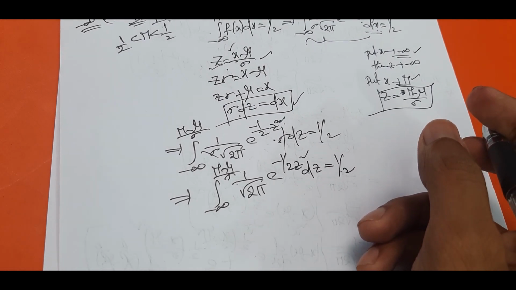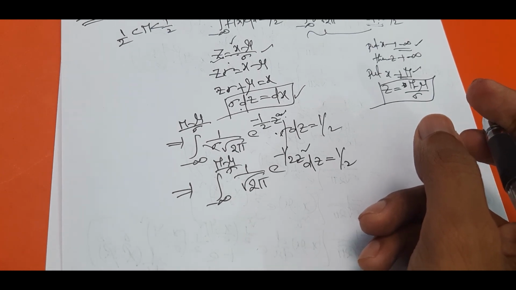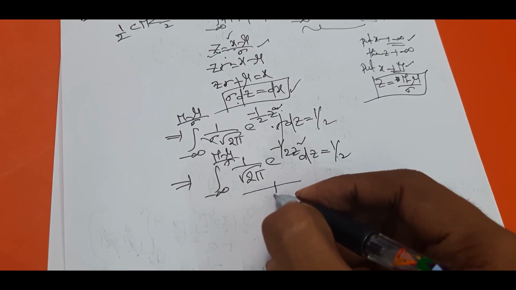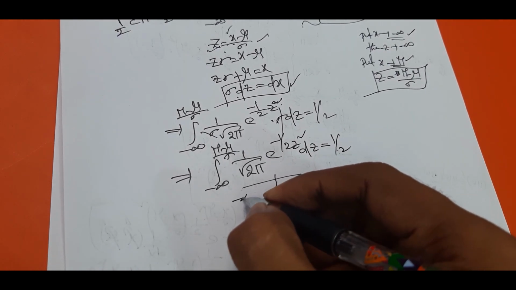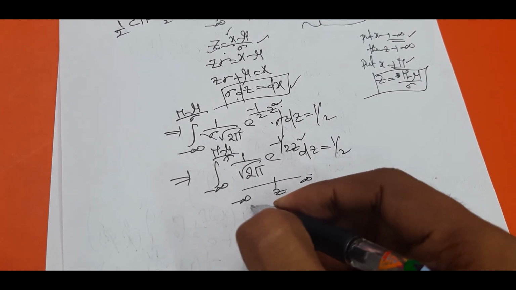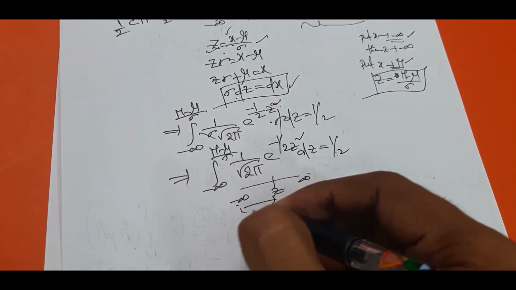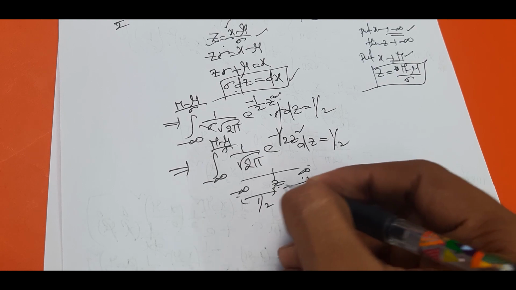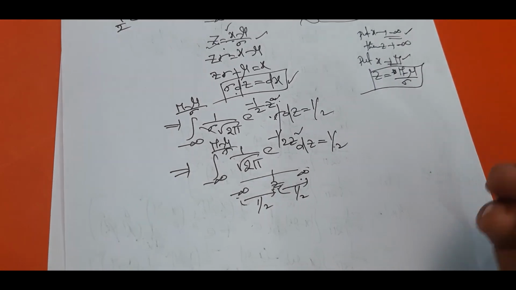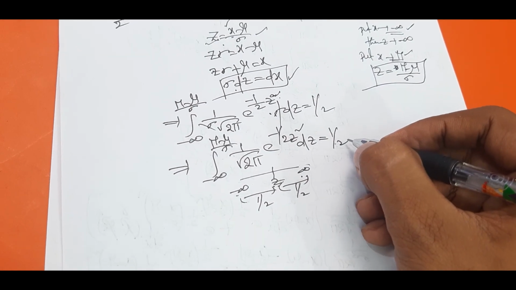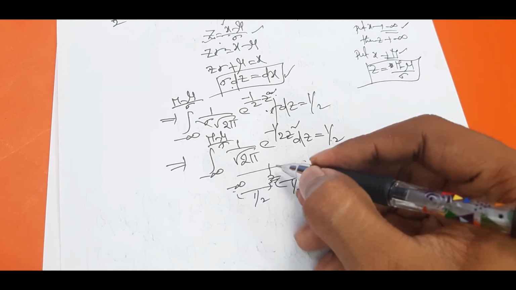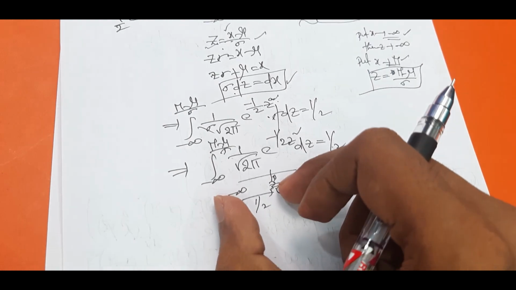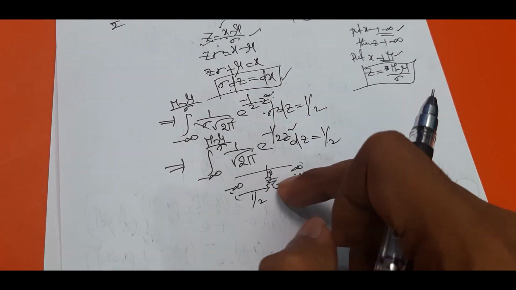Okay, and here you already know that if you take z from minus infinity to z and z to infinity, minus infinity to z gives 1 divided by 2 and z to plus infinity gives 1 divided by 2. So if you take only from minus infinity to 0, and 0 to infinity, we take the one case, minus infinity to 0.